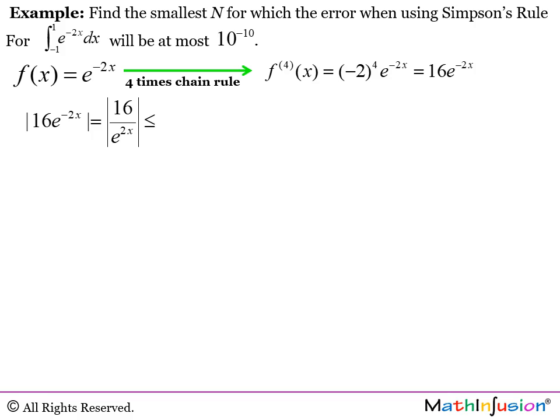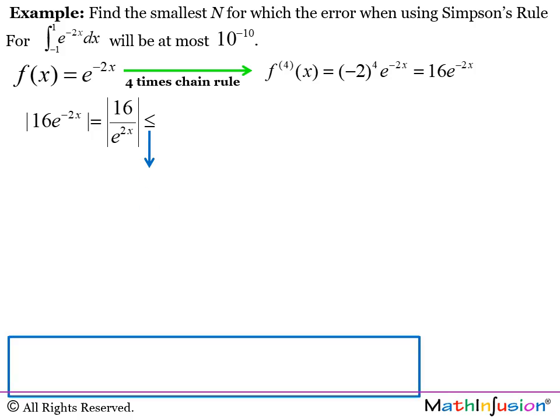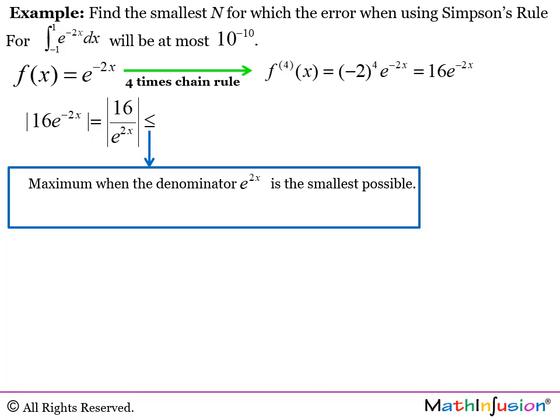It's always a good idea not to have negative exponents, because this is a decreasing function and e to the 2x is in the denominator. Then we make it larger if e to the 2x is the smallest possible value when x is between -1 and 1.